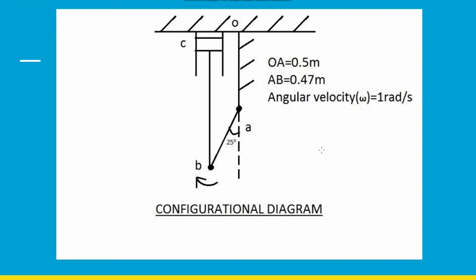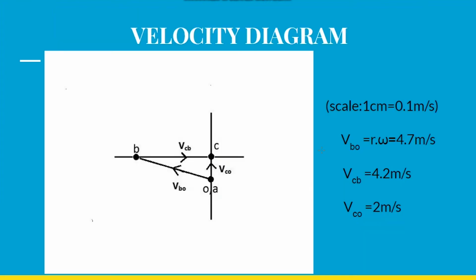To make the calculation easier and comprehensive, we have assumed this. Talking about the velocity diagram, we consider the linear velocity of B with respect to A, then C with respect to B, and then C with respect to the origin, that is OA. So we get our velocity diagram as follows.